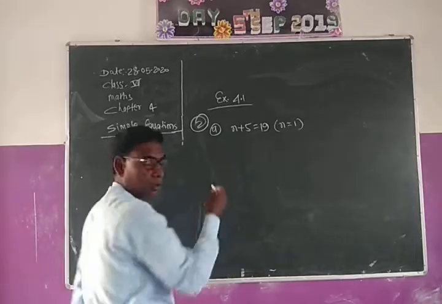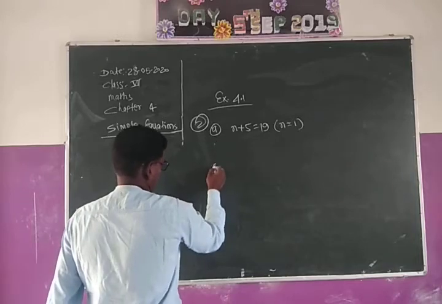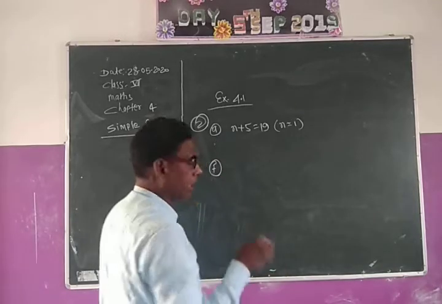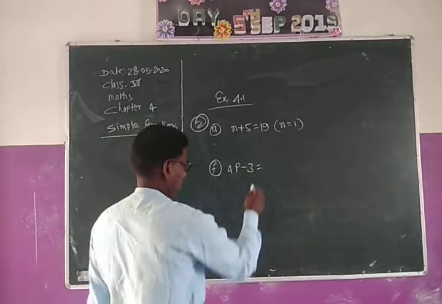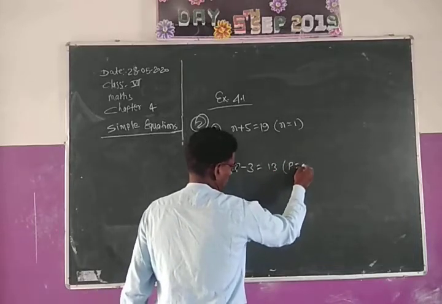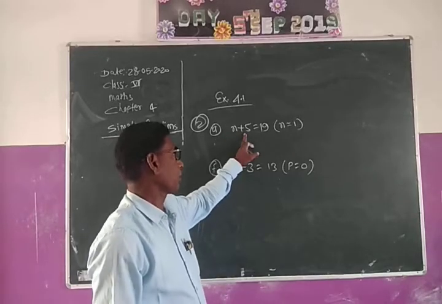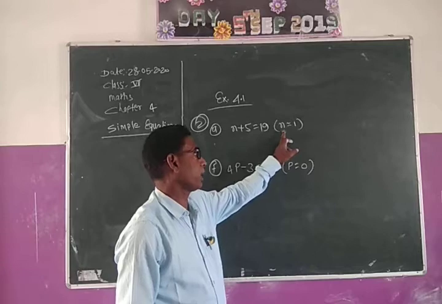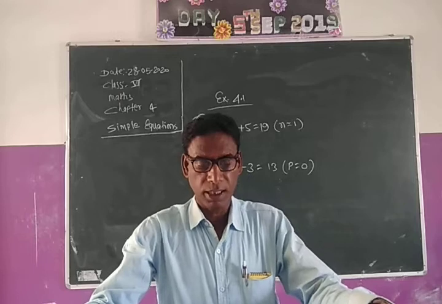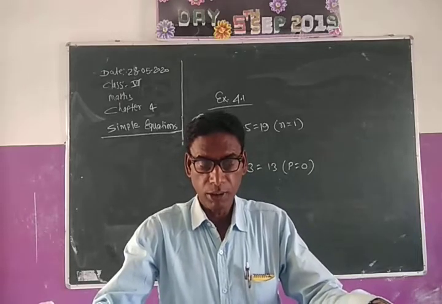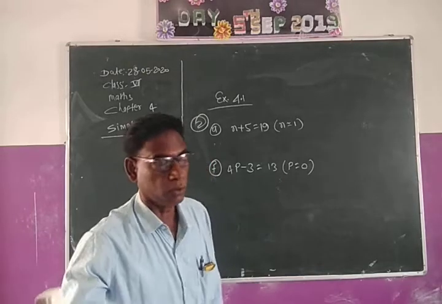Similarly, 4p minus 3 is equal to 13, p is equal to 0. The question asks n plus 5 is equal to 19 and the value of n is equal to 1. You will give the answer: is the value n is equal to 1 in bracket a solution to the given equation or not?